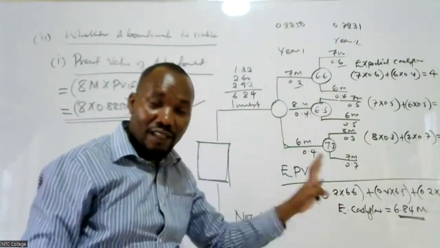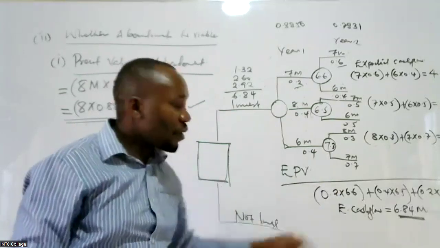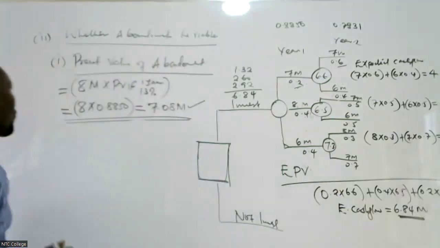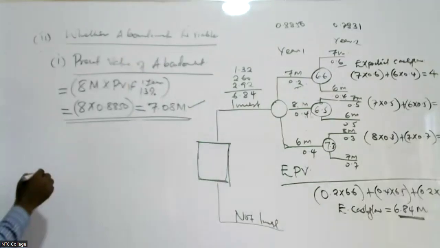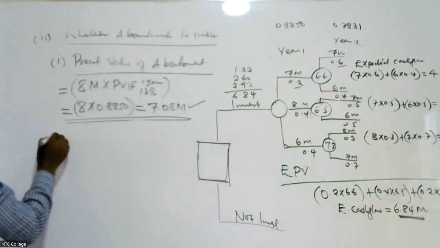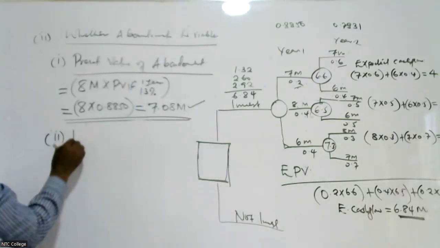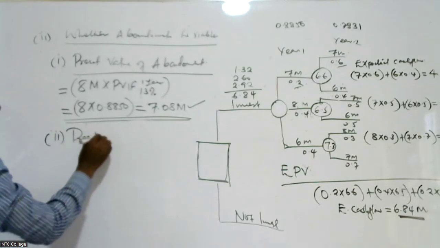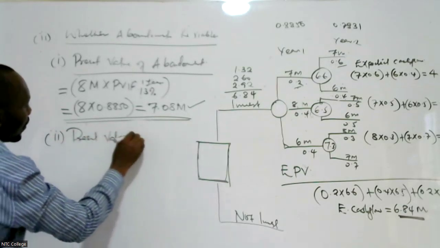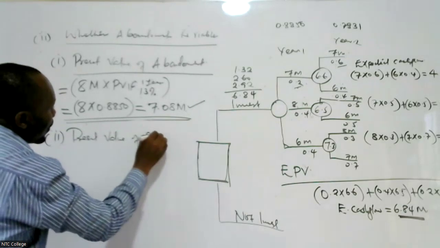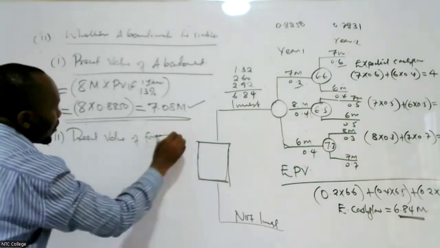Separate individually. Now, get discounting factor of this. So we are saying present value of foregone cash flow. That is option number 2. We calculate the present value of foregone cash flow.